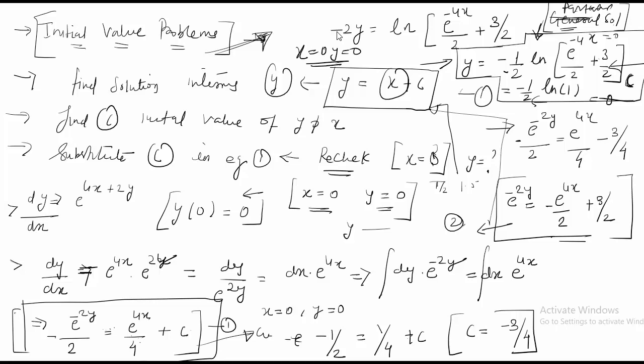So this is how to solve the initial value problem when you are given y of 0 equal to some value, which in this case was 0, which meant that when x is equal to 0, y was also equal to 0.